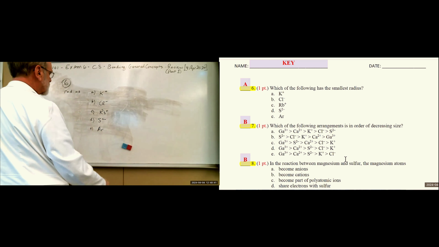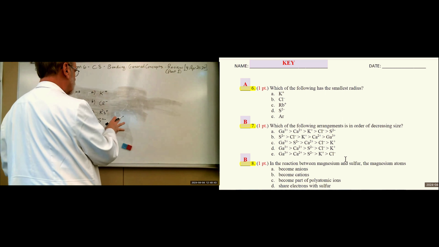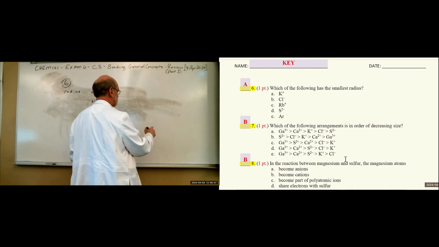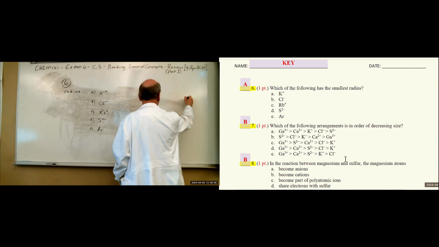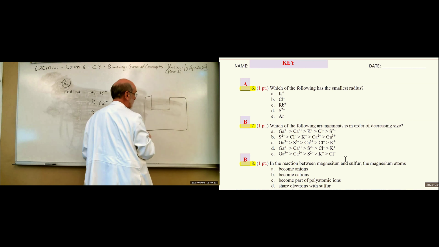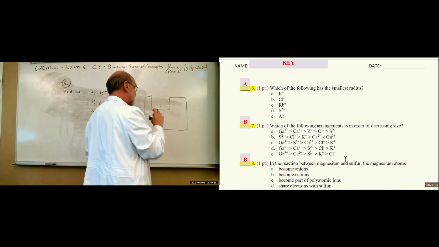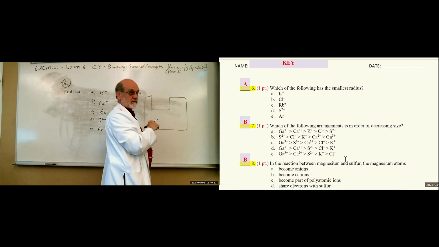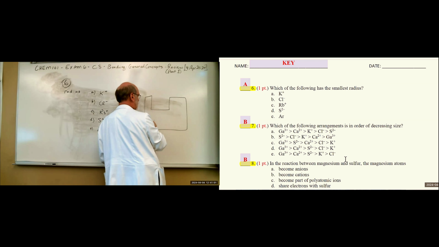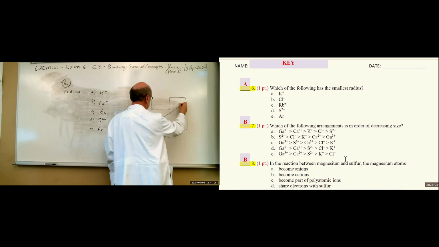If we were to look at these as elementals, we know the trend for the elements in the periodic table. Atomic radius should decrease from left to right and increase from top to bottom. So it should decrease from lower left to upper right.